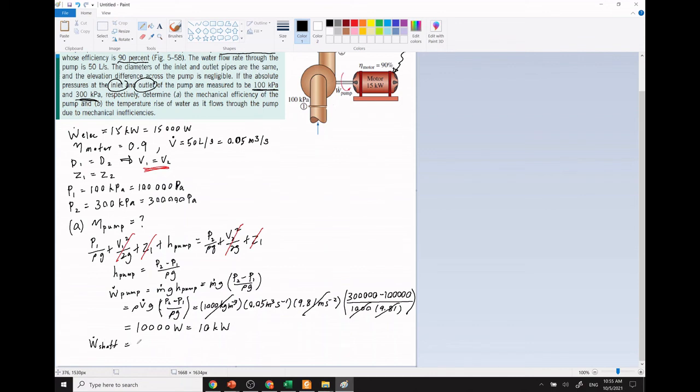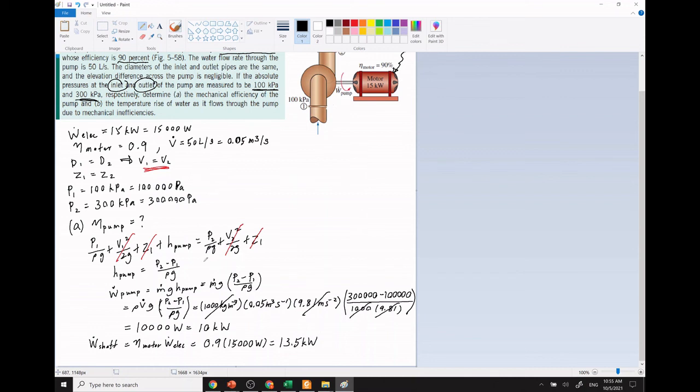So we take the efficiency of the motor and multiply with the electrical energy. Here we have 0.9 multiplied by 15 kilowatt, and we get 13.5 kilowatt.